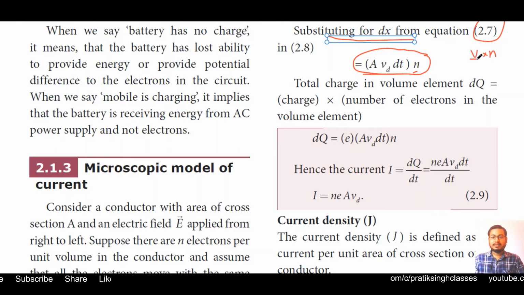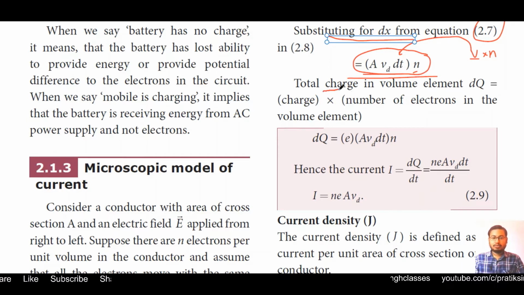This volume is equal to A into dx, and dx is equal to Vd into dt. So at the place of A, this value inside the braces, it is equal to A into Vd into dt into n.